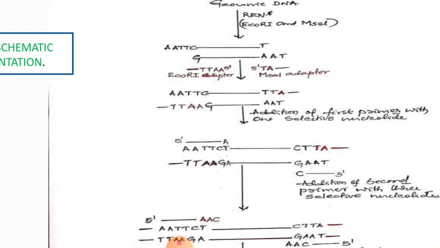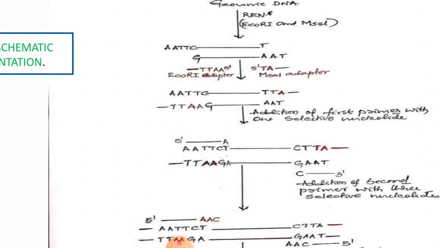By now you know that they produce either blunt ends or 5' overhangs or 3' overhangs depending upon the way the restriction endonuclease cleaves the DNA. I have taught all this in my previous lecture. Now, once you get the cut ends like this, you can always modify the cut ends so as to suit your experiments.